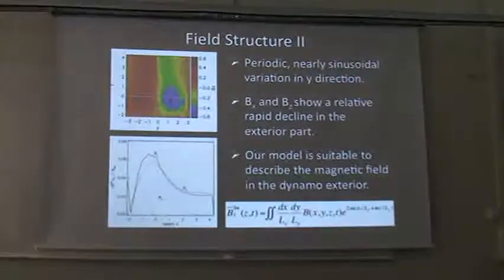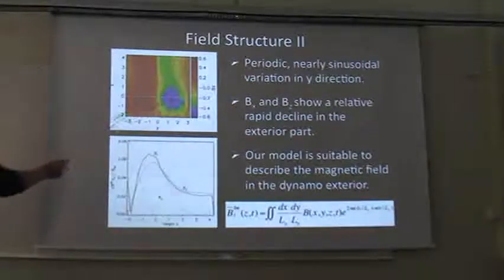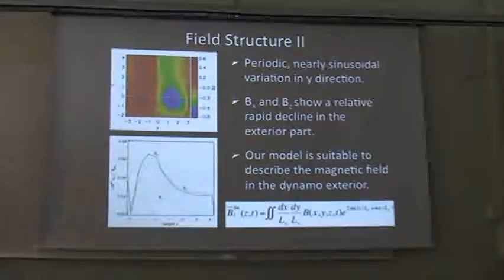So when you look then at the slice in BZ, you see here's the surface, and you see the very large-scale variation in the y direction.